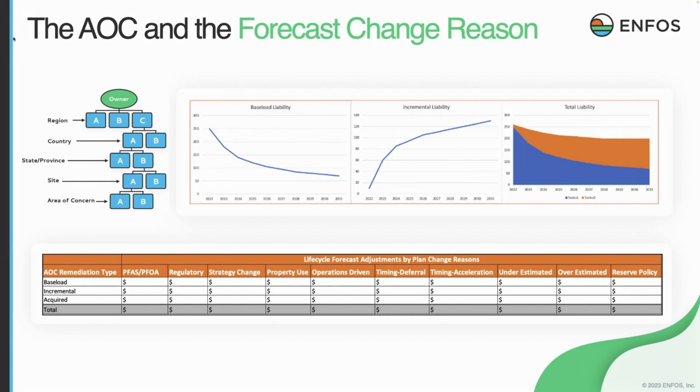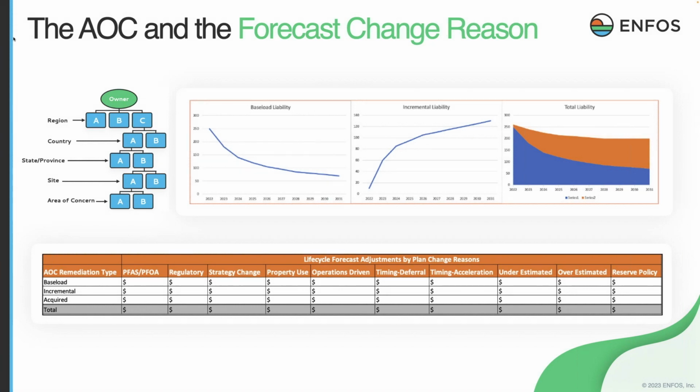Then every time we need to make a reforecast because of a trigger event or some other reason, that gets tagged during the financial planning and reforecasting process so that I've broken those changes out, which ultimately is going to drive my spend into reasons like this. These are examples: things like PFAS, PFOA, regulatory, strategic changes, property use, operations driven, and different types of deferrals. So I wanted to point that out in terms of spend analysis.